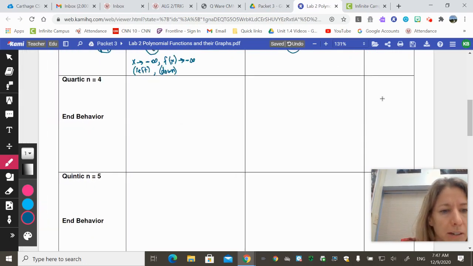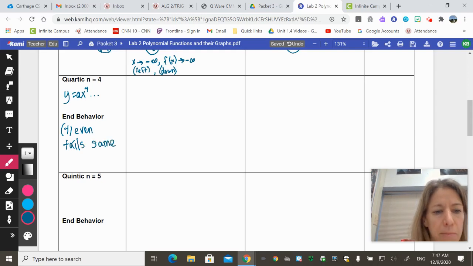So a quartic is n to the 4th, so we're dealing with y equals ax to the 4th. And since 4 is an even number, tails are the same. And they're either both up or both down, depending on the lead coefficient.